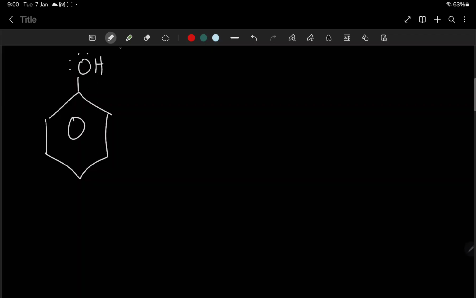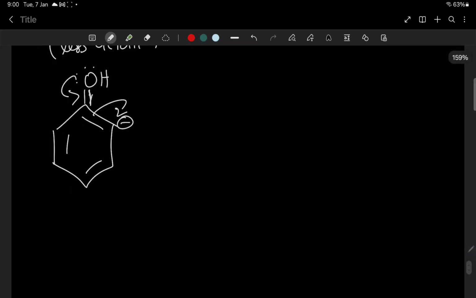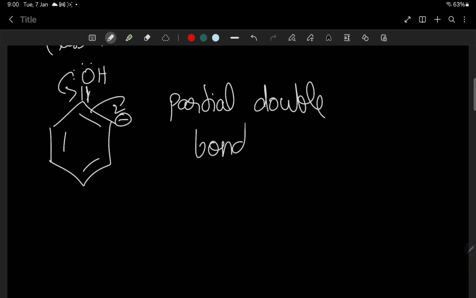Why? It is due to resonance. Look, this double bond falls here, this comes here, minus charge. Here a partial double bond is there. This leads to the oxygen being more electronegative.